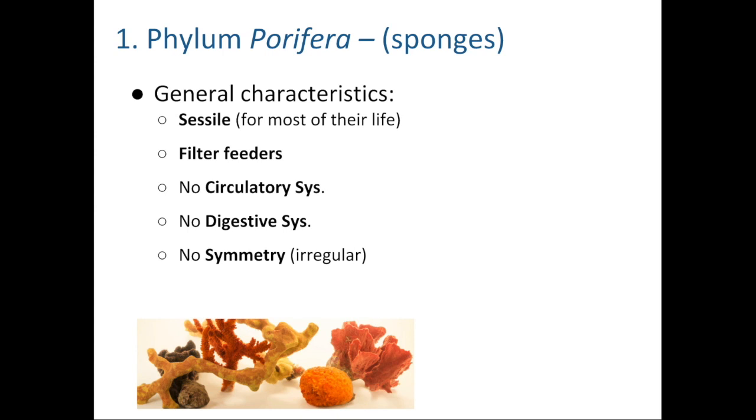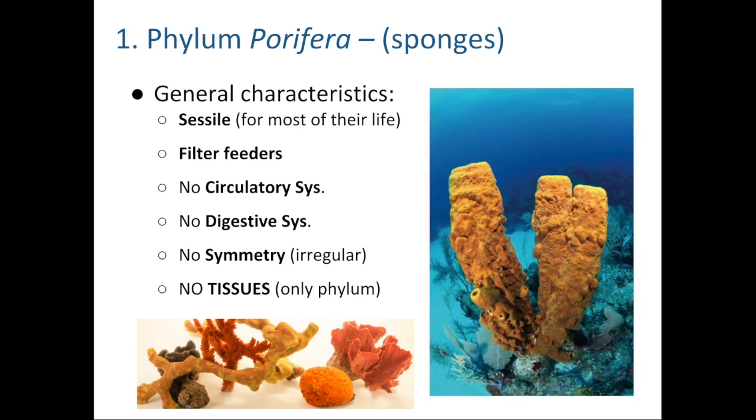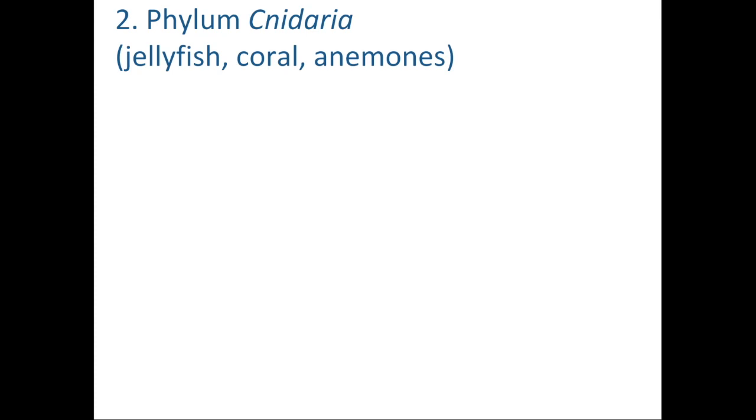They are asymmetrical as far as their body plan. And this is the only phylum that has no tissues. They have a few specialized kinds of cells, but they aren't arranged into tissues that function as a group, like we would have heart cells that function together as heart tissue. So a couple of examples of those sponges.